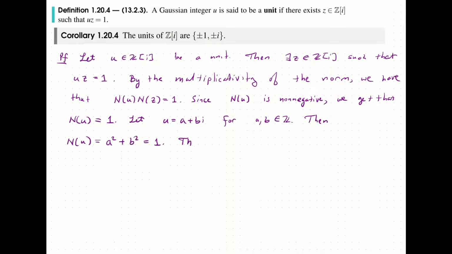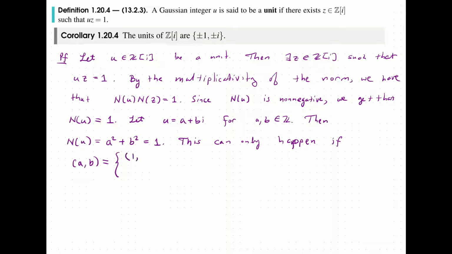And this can only happen if a comma b are one of the following combinations.